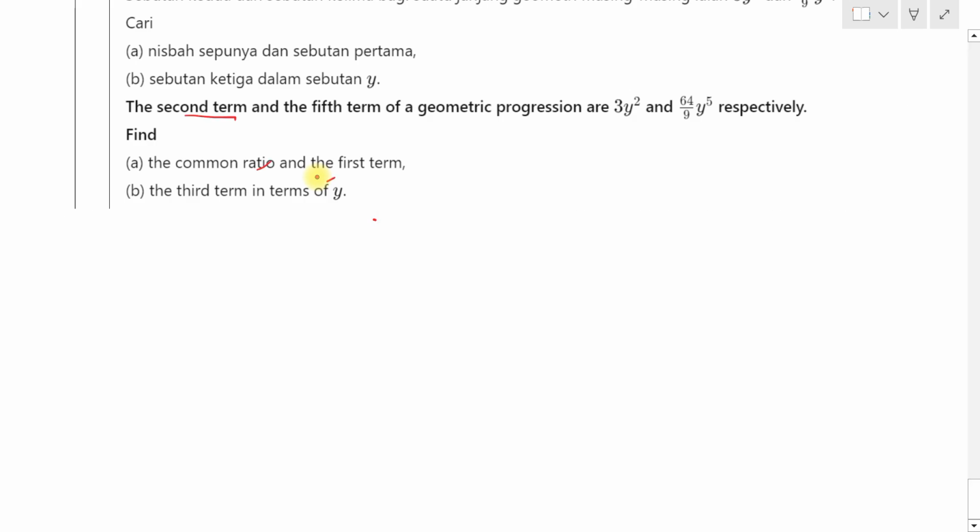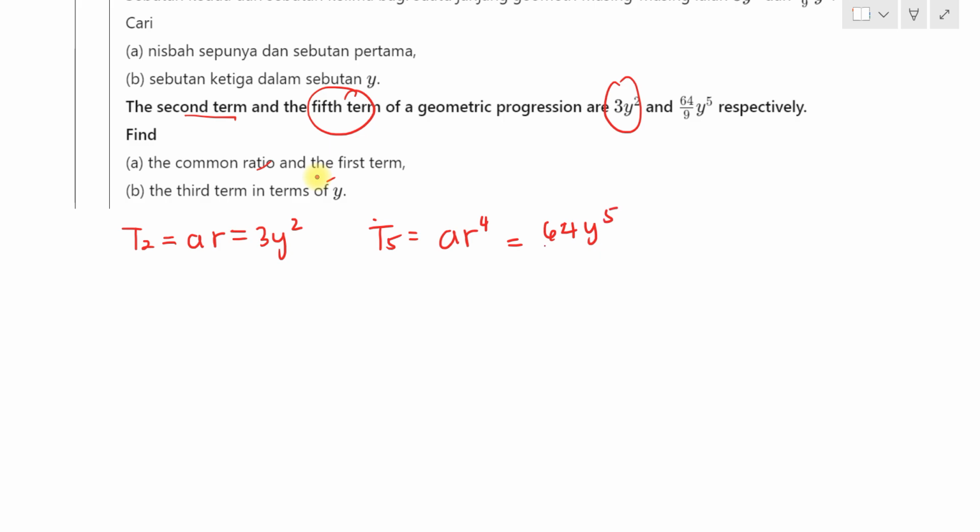The second term is ar equal to 3y squared. And then they give you the fifth term, T5, which is ar to the power 4 equal to 64y to the power 5 over 9. I make it one single fraction, easier.